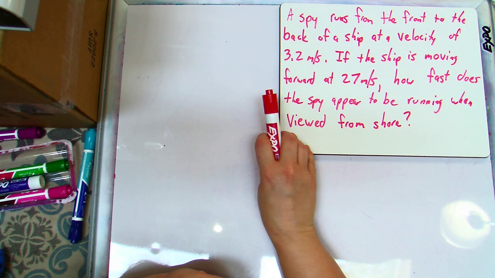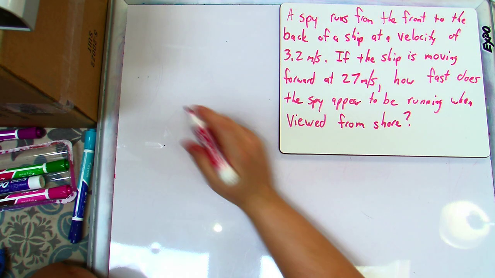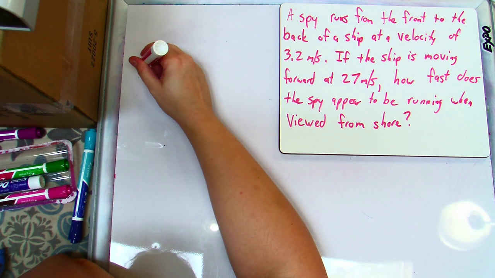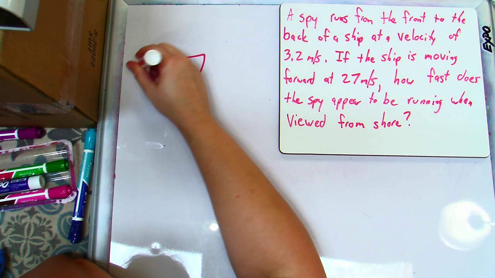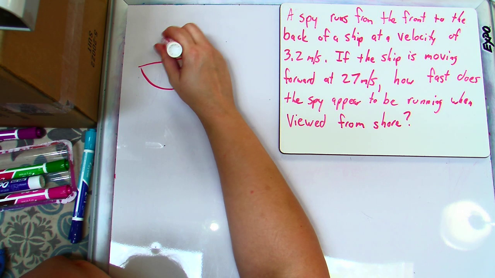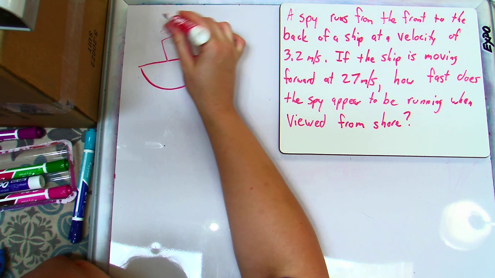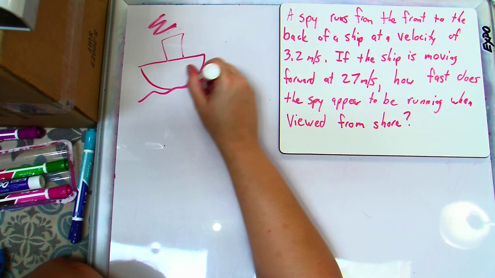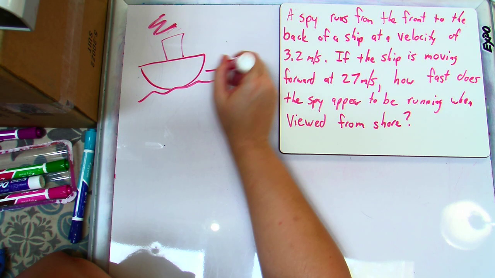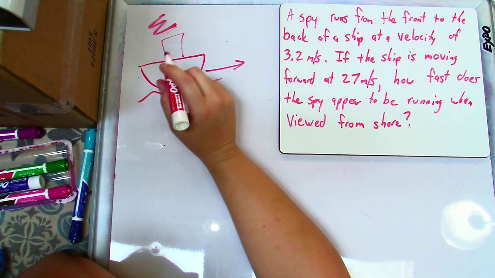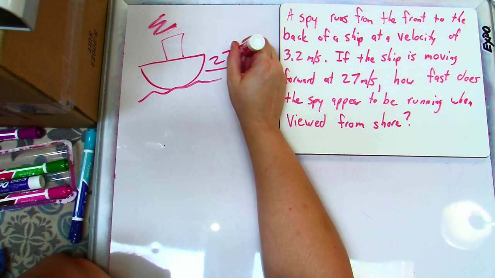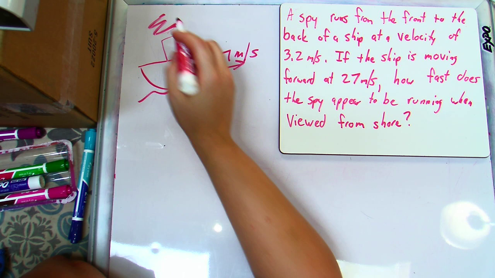So let's go ahead and draw this scenario. We have the ship, and the ship is moving forward with a velocity of 27 meters per second.